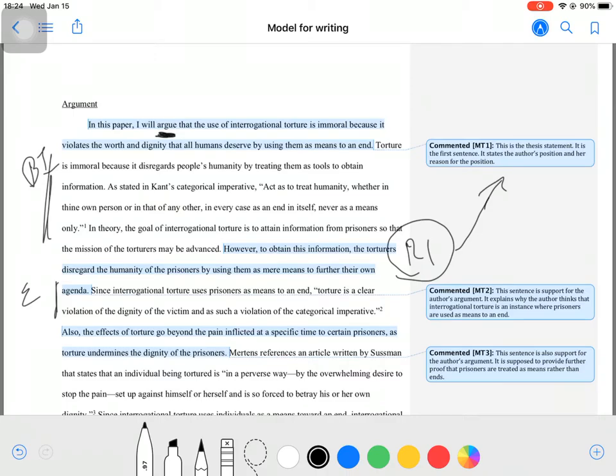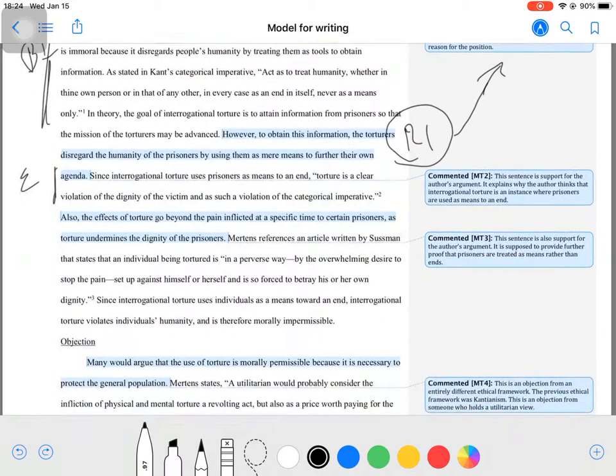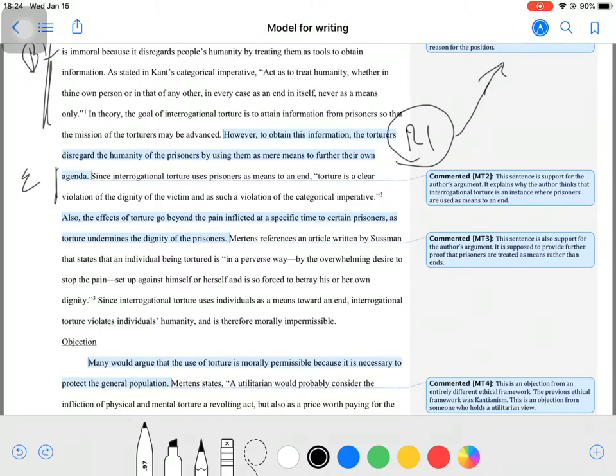Continuing on, "Also the effects of torture go beyond the pain inflicted at a specific time to certain prisoners, as torture undermines the dignity of prisoners." So this is what we can call reason 2. This is the second reason that stands in support of the author's argument.